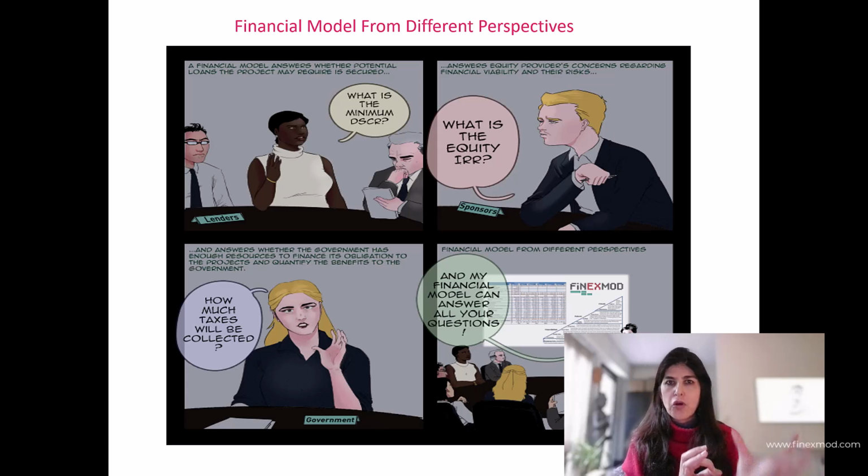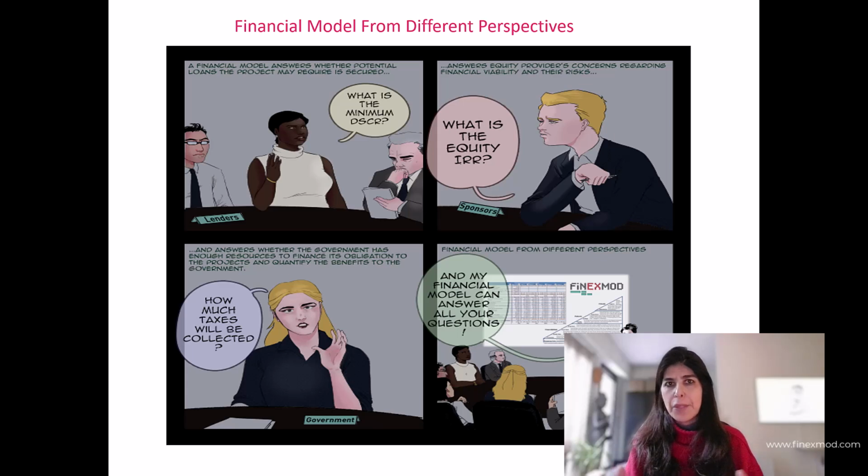If that model does not satisfy the requirements of any of these stakeholders, and especially lenders, they have a big say in the fate of a financial model, they might decide that they want to rebuild the model from scratch, and this means additional costs and delay just because you didn't anticipate the requirements of lenders for this transaction.